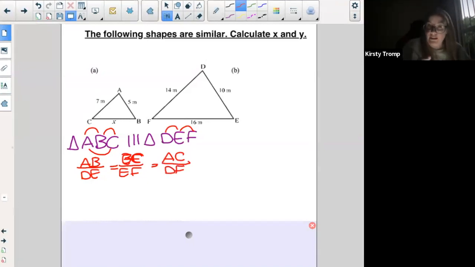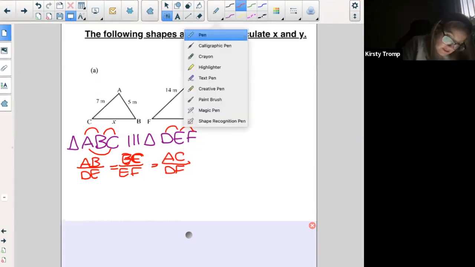So that's your froggy face, hey? You would have drawn your froggy face, and those would have been your sides that are in proportion.